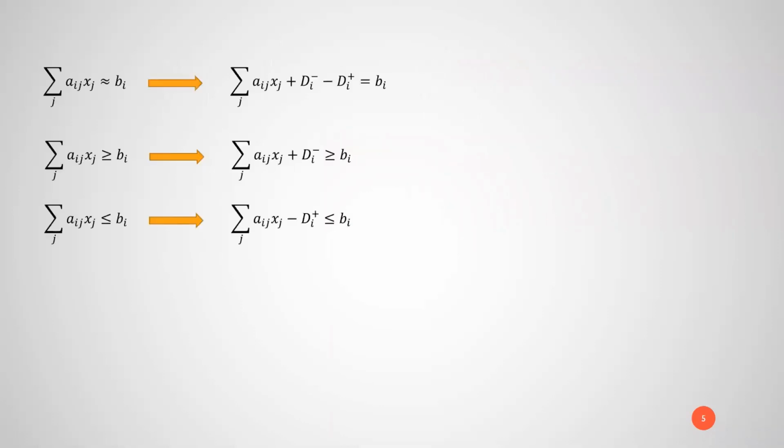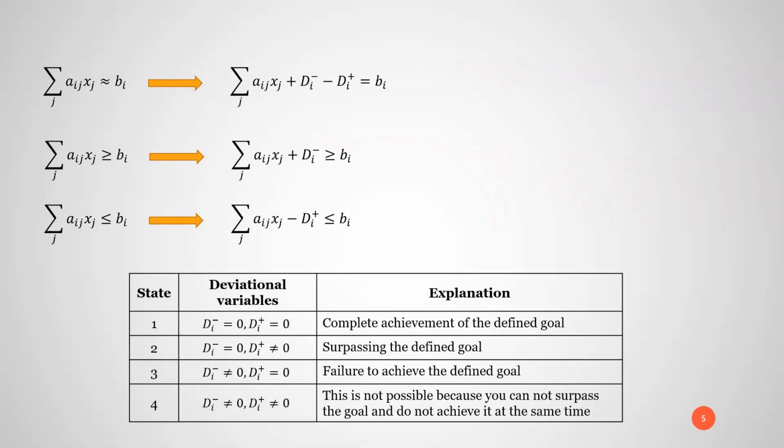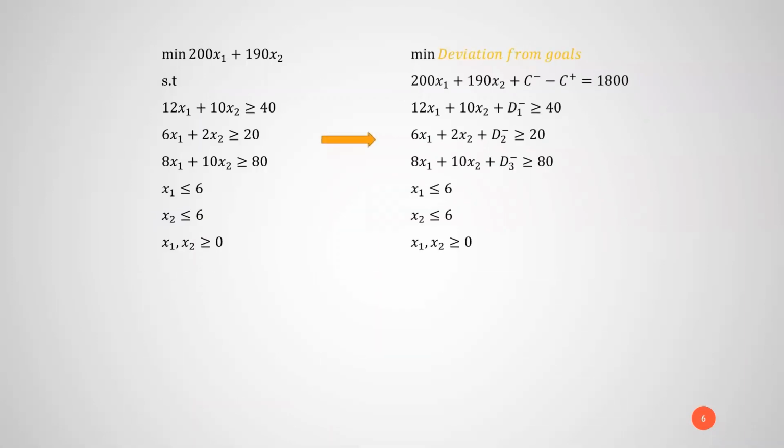Let's go back there, and you can see the constraints with the greater than or equal type. They have only plus d_i minus on their left side. What we will seek is to minimize the deviations in the objective function. And you see that the objective function of this problem is minimizing the deviations from the goals. To solve this model, there are different approaches.